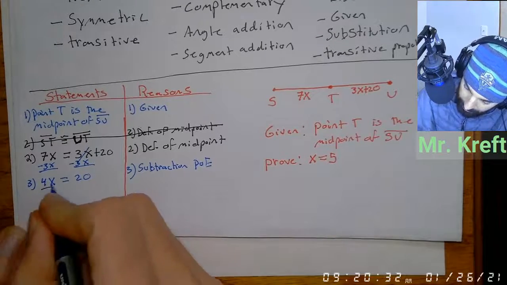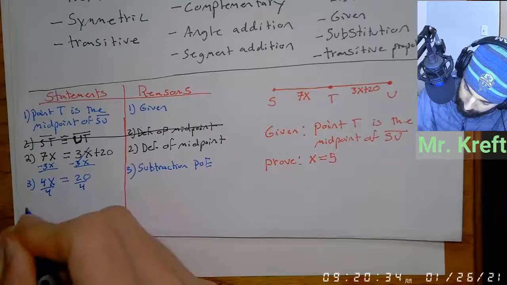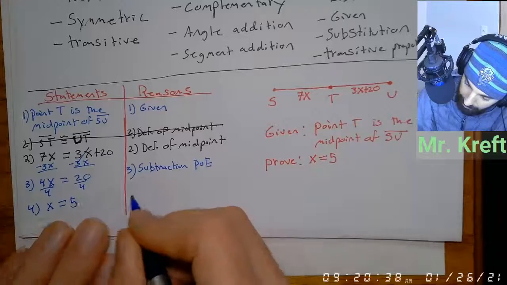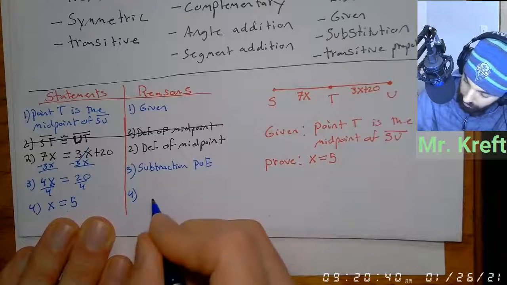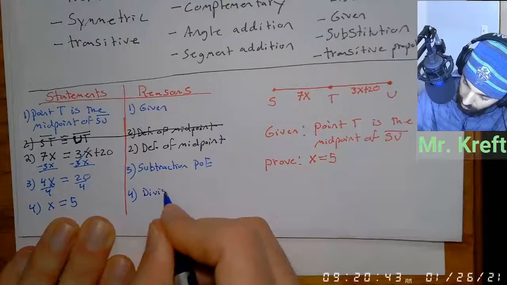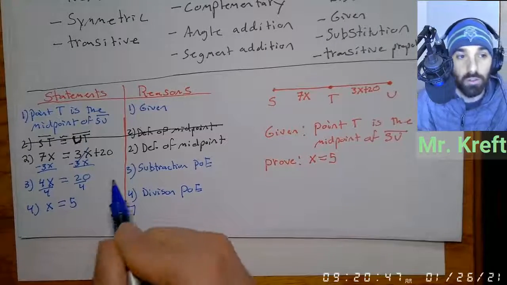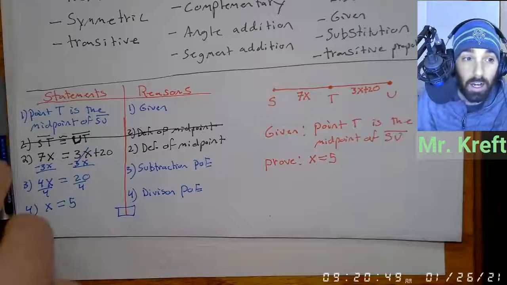Then I'm going to divide by 4. So my last step here is I get x equals 5, and my reason is division POE. So these last two steps were just algebra.